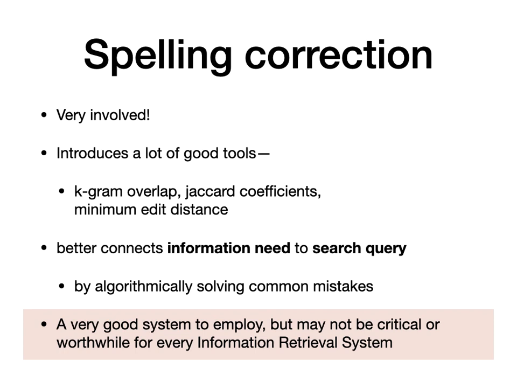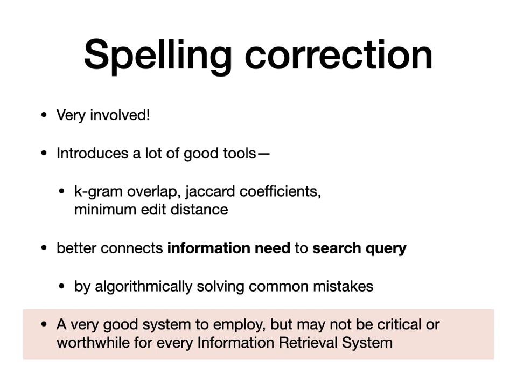There's an issue: the user has an information need in their head, but the search query is whatever they write. So we can help algorithmically solve some of these stupid common mistakes to help more quickly connect, hey, I think your search query should be closer to this, your actual information need. That's my guess. That's what your system comes in and says.